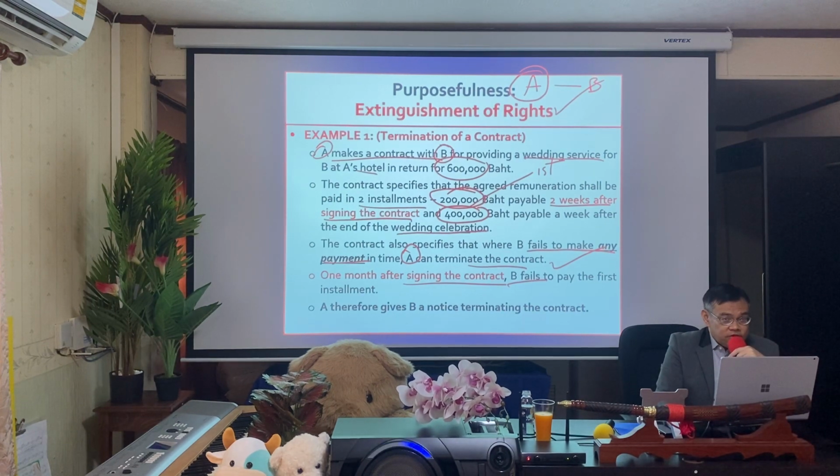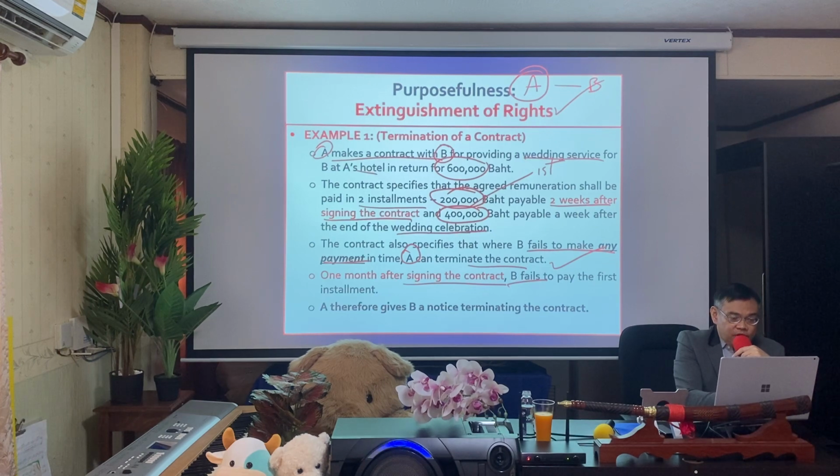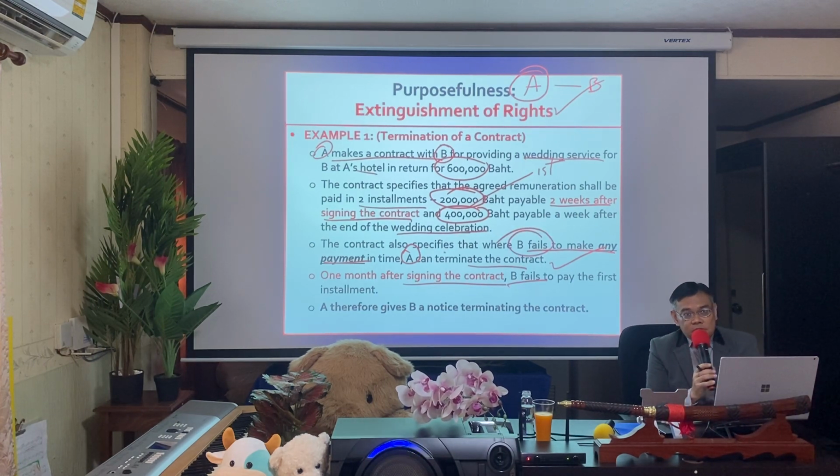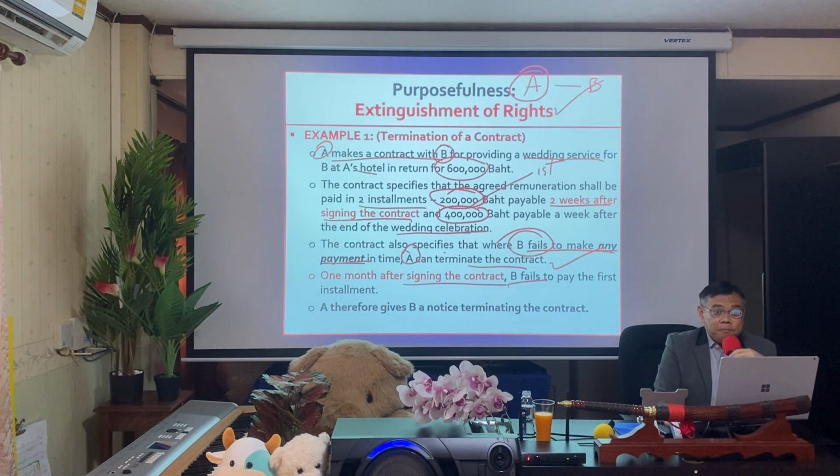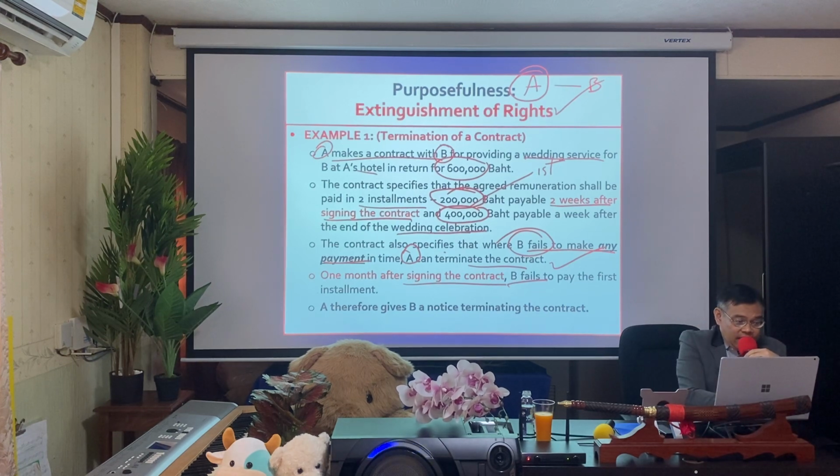What does the contract say? The contract says that if B fails to make payment on time, then A, the hotel, has the right to terminate the contract. So when B defaults on payment, A now writes a letter to B. A writes a notice to B saying that A wants to terminate this contract.